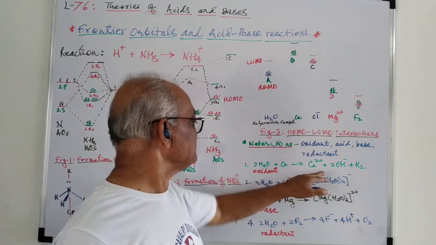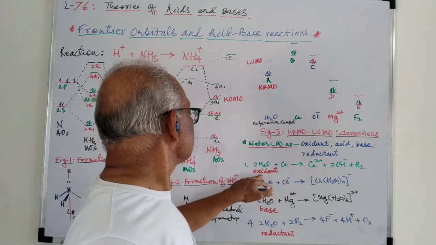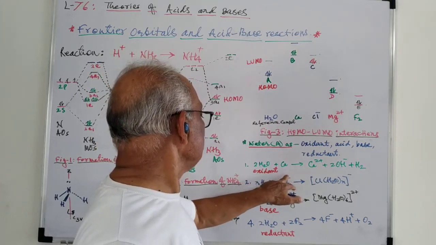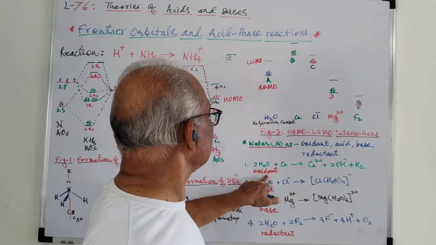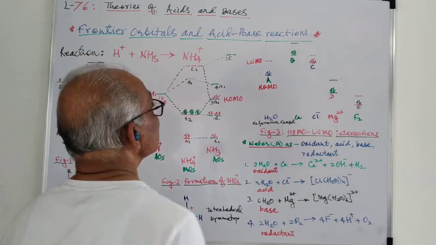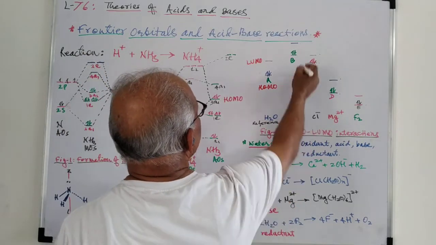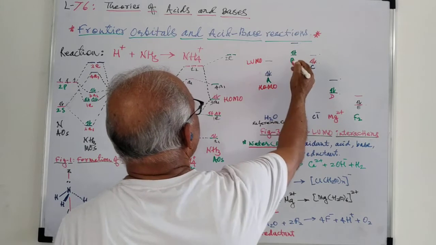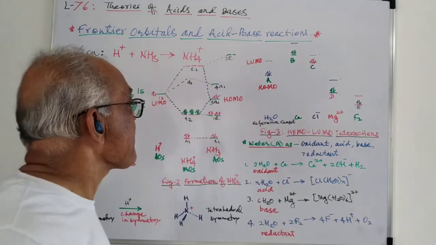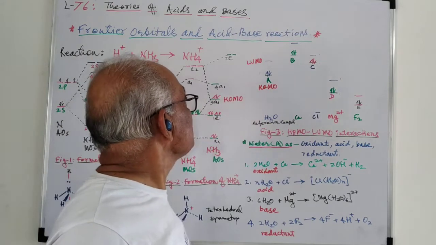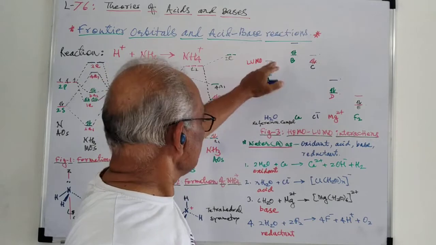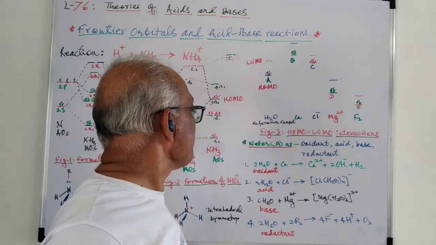So here water is the acid, meaning oxidant, and calcium is the reductant. This is because calcium has its electron pair at a much higher energy level than the LUMO of water.